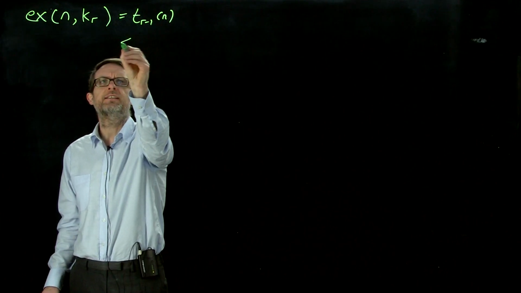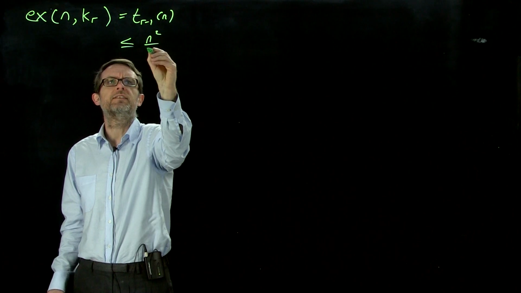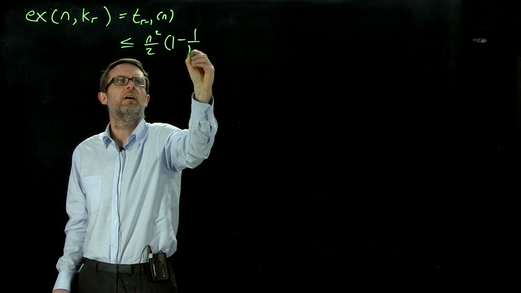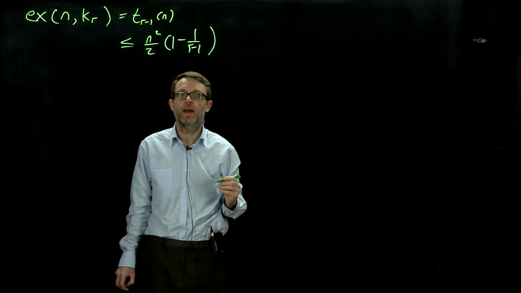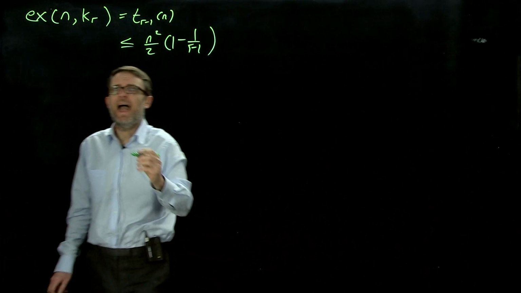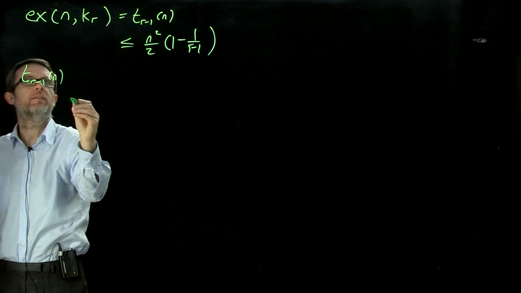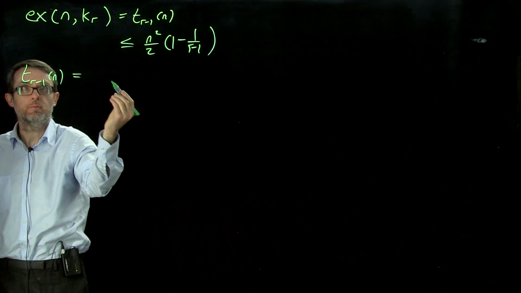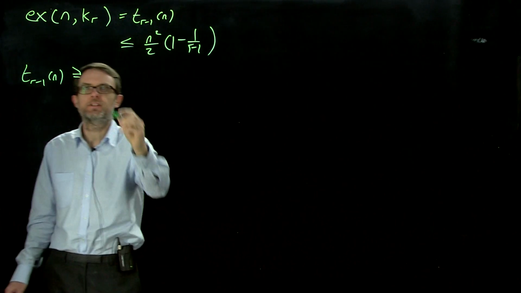Now, we had given an estimate on how big the number of edges in this graph is. The estimate was that it's at most n squared over 2 times (1 minus 1 over r minus 1). And we can also put pretty easily a lower bound on the number of edges. I will start with a lower bound.